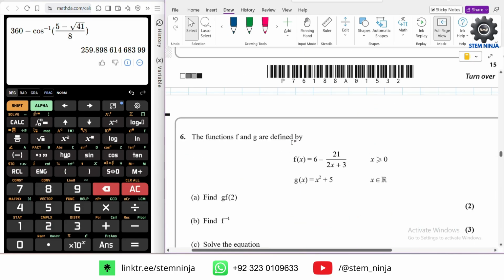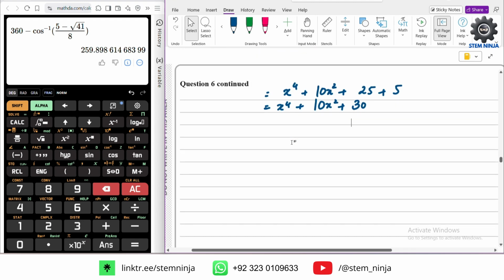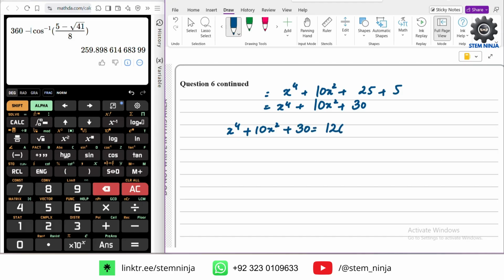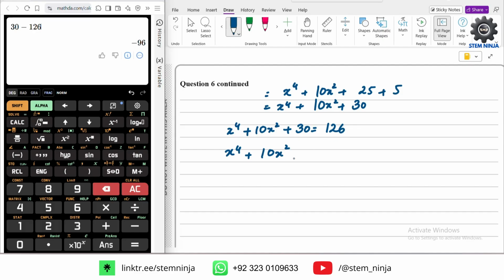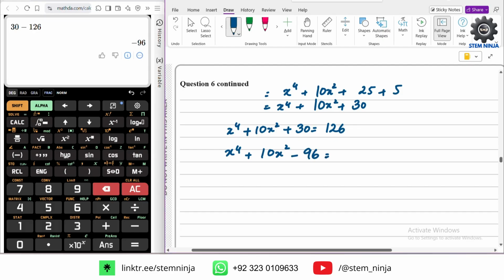And we need it to equal 126, okay? So x raised to power 4 plus 10x squared plus 30 equals 126. So simplify, take 126 on this side. 30 minus 126 is minus 96.